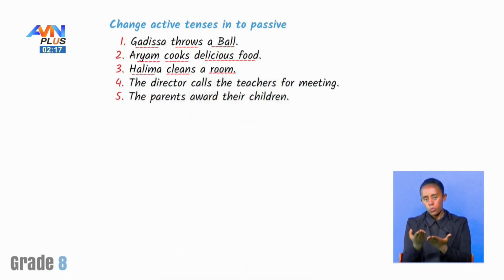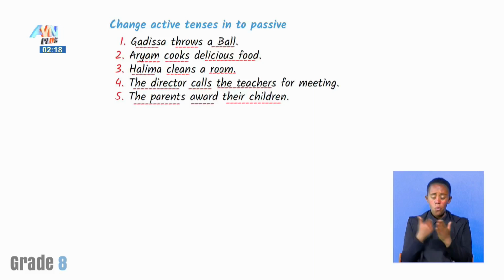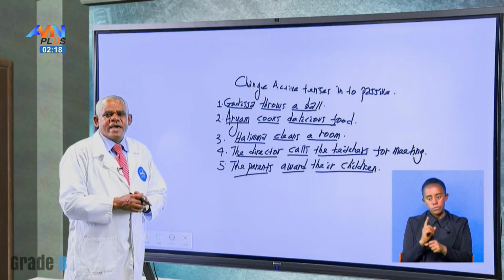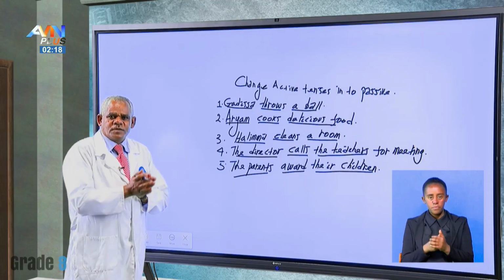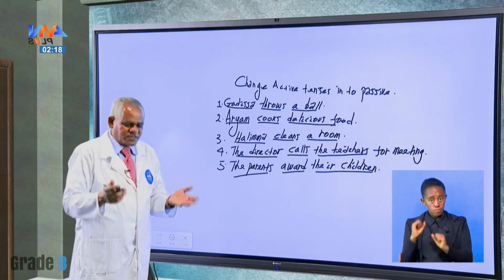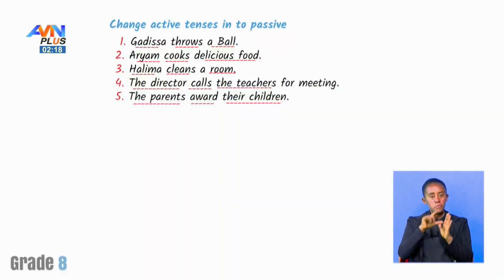The director calls the teachers. The parents award their children as an object. So all these are talking about the doer of the action. In short, we call them active tenses. Shall we change into passive form? Good. Let me give you some time to try it, discuss with your friends and share your answers.